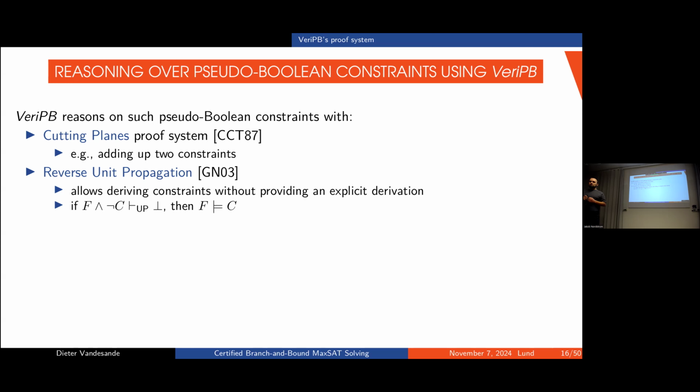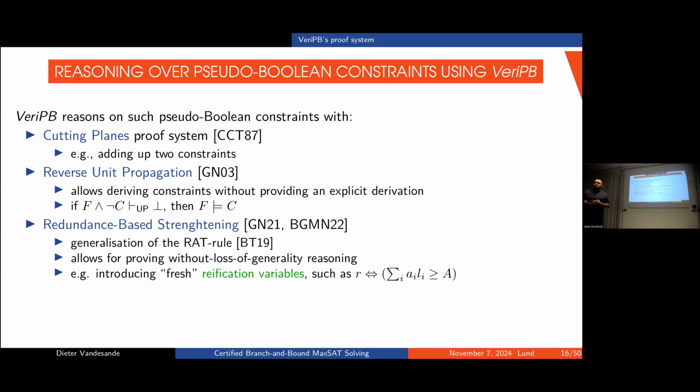That's the idea. We also have the redundance-based strengthening rule, and this is actually a generalization of the RAT rule in SAT proof logging, where you can do some without loss of generality reasoning. One of the examples is to add verification variables, which are variables that are true if and only if some constraint holds. And as long as this variable is never used anywhere else in the formula, it's quite fine to see that indeed I can just add this variable.